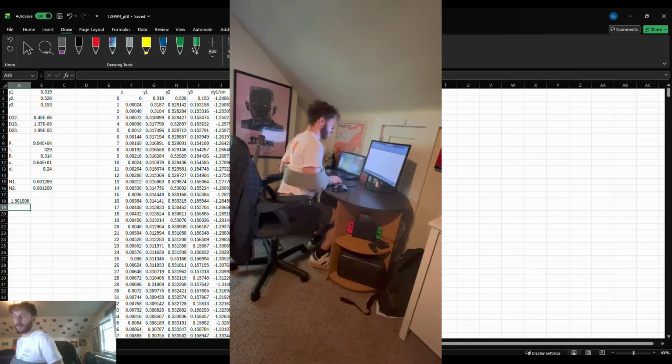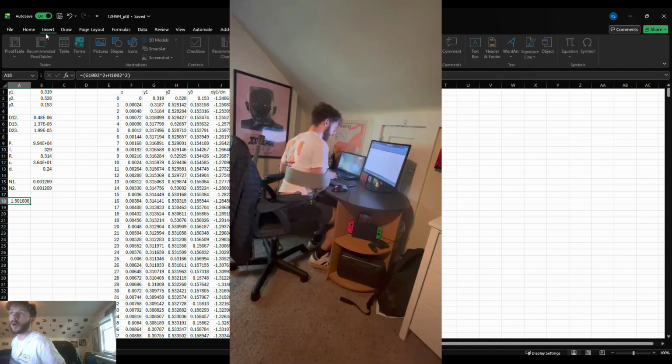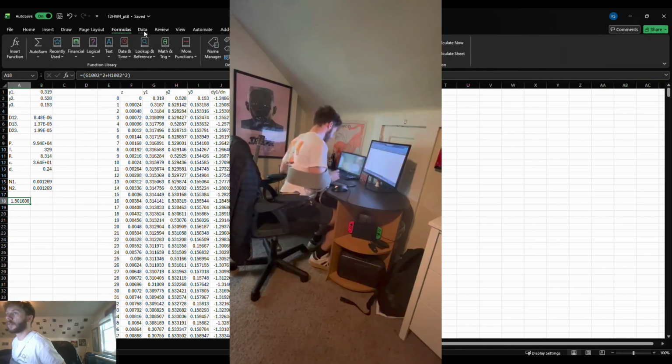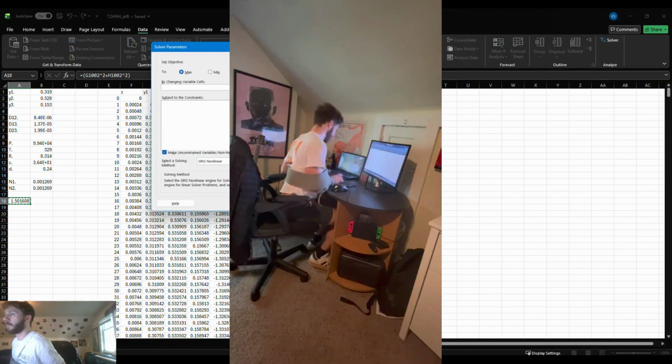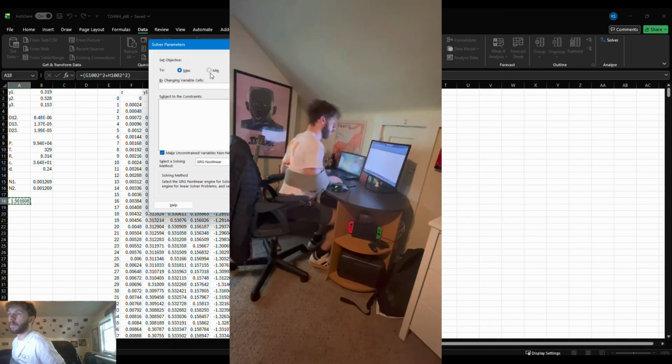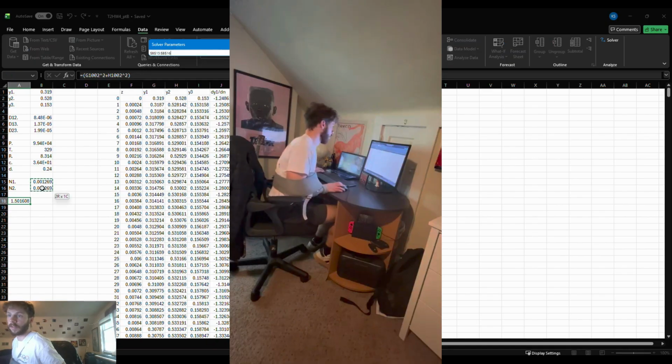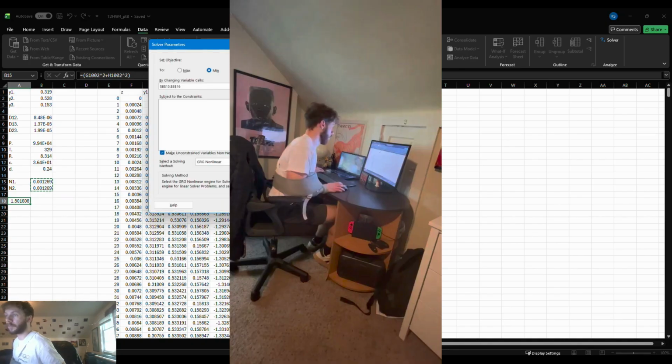That's our sum squared error. And the closer that number is to 0, the more accurate our data will be. So if we go to formulas, data, solver, we'll say our objective is to minimize this sum squared error. And in order to do that, we'll change our flux values because these were just guesses.